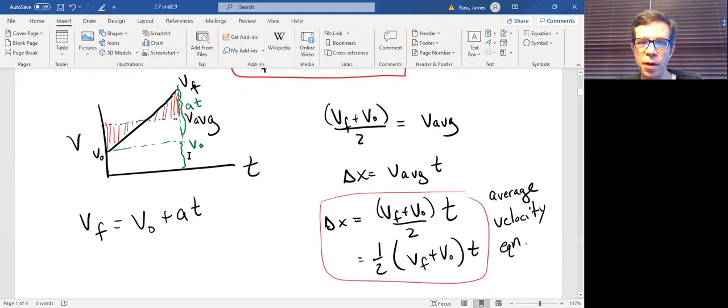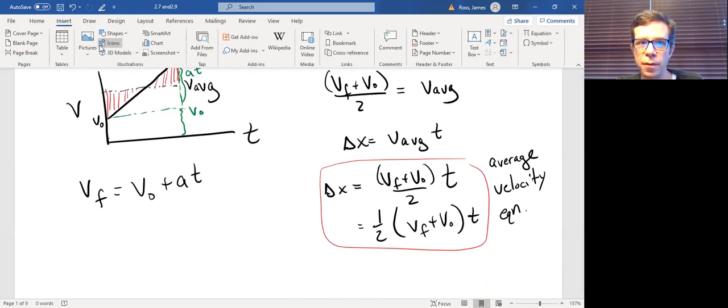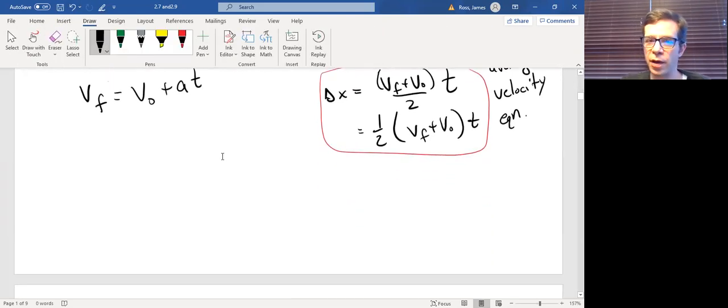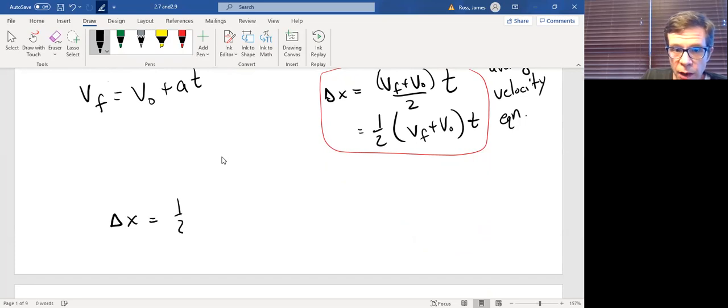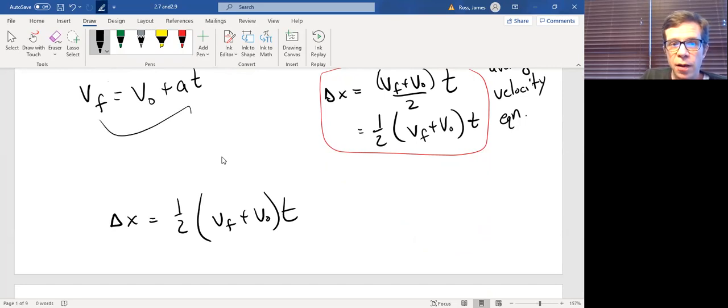And we can now plug that in to the last equation that we got, the average equation. And what happens when we plug that in? So I've got delta x is equal to 1/2 v final plus v initial times t. And I'm now going to take this and plug it in for v final.